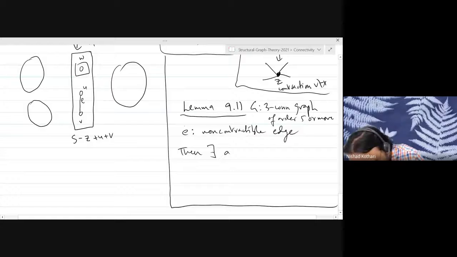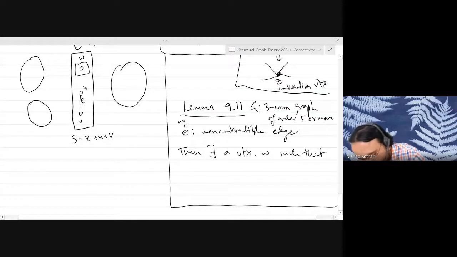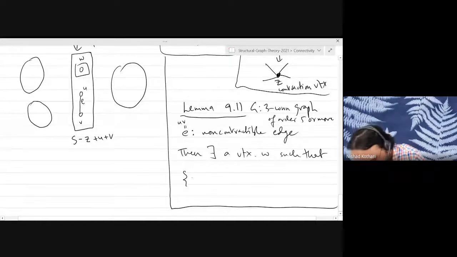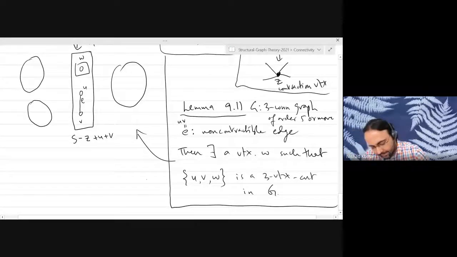Let me call E to be UV. There exists a vertex W such that the ends of the edge E, UV, along with W, is a 3 vertex cut in G. And the proof is what we just did. Okay, that was the proof.